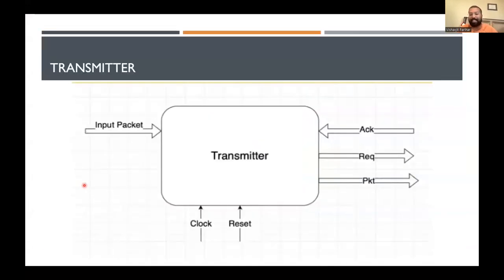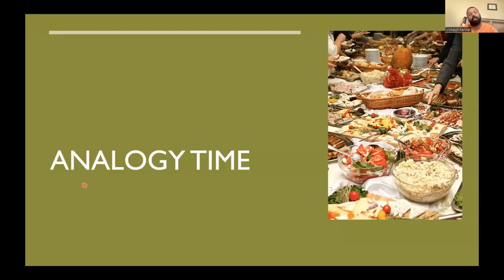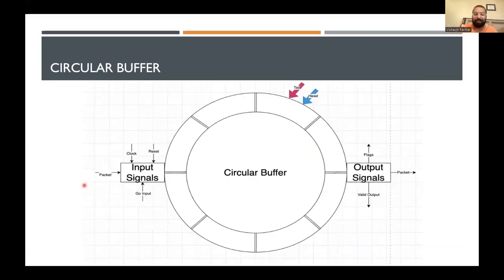It tells the buffer, hey, because the buffer doesn't know when the packet is there, it needs someone to tell it, hey, input is here, start putting the input inside the slots. So go input is like telling the buffer, hey, there is a packet, put it somewhere.